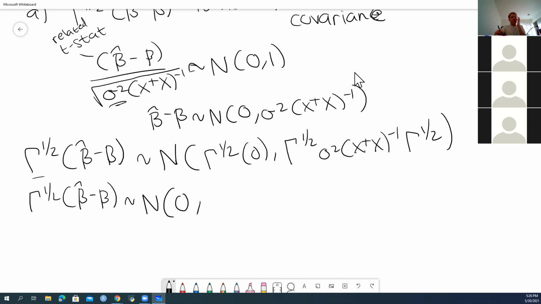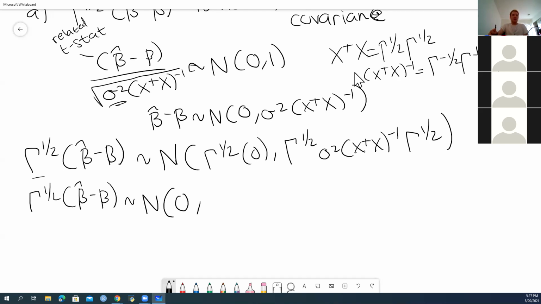Something to note here: when you have these positive square roots, we said x transpose x is equal to gamma 1/2 times gamma 1/2. But we can also say x transpose x inverse is equal to gamma negative 1/2 times gamma negative 1/2.